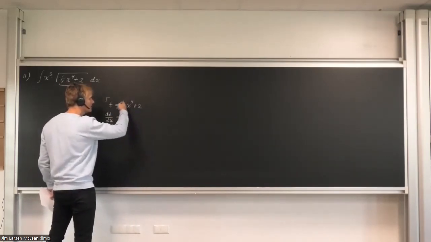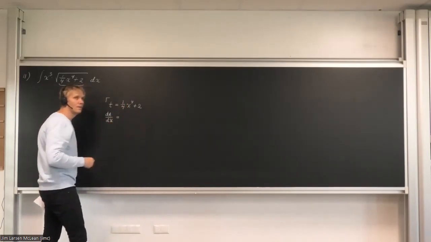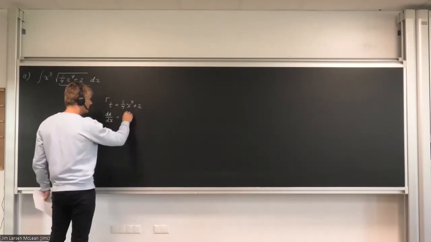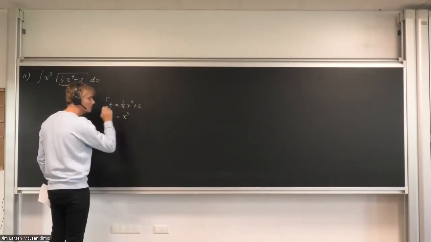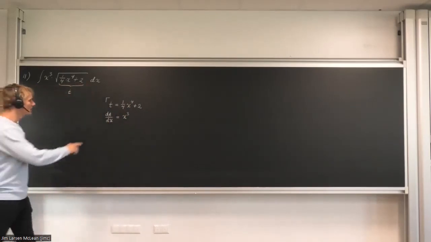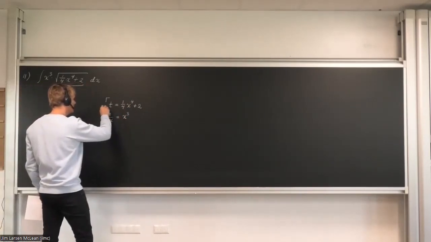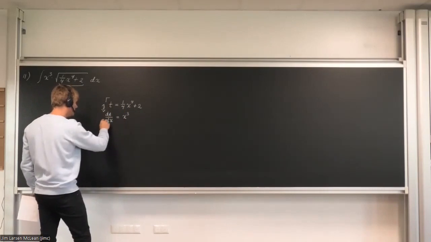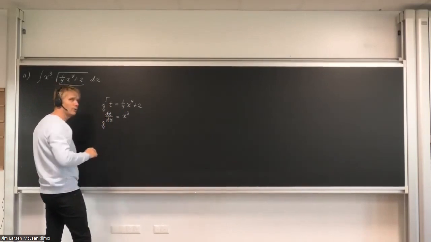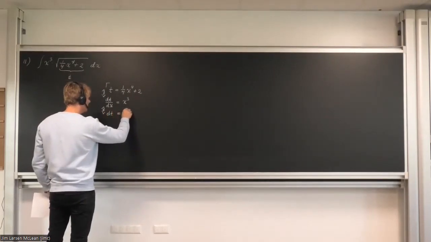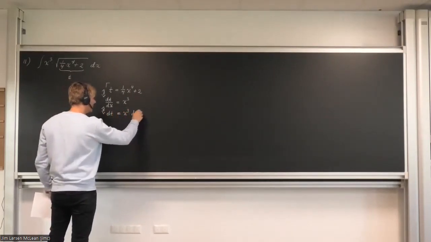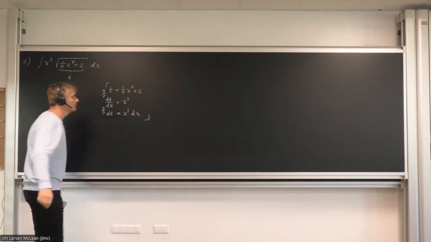If I differentiate this part, you'll see that it gives x to the third power because a quarter multiplied by 4 gives 1, and then 1 less in the exponent, so it gives x to the third power. Then I multiply dx to the other side of the equation and isolate dt. So I consider this here as a fraction. I get that dt equals x to the third power times dx, and then my thought process is over.